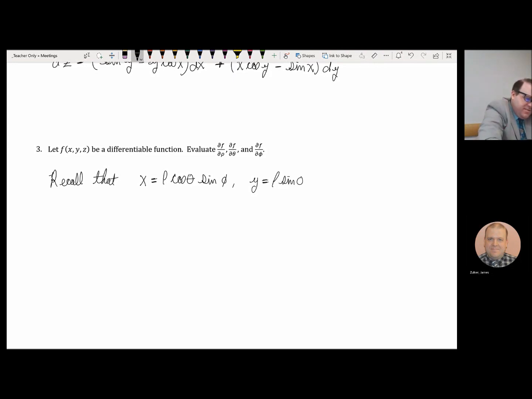Rho sine theta sine phi. What about z? That's for cylindrical. Rho cosine of phi.